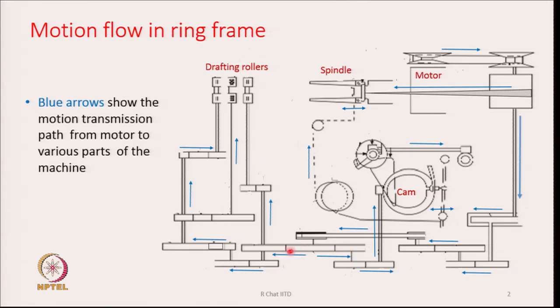On this side the motion goes to the drafting unit, which is here, and on the right hand side the motion is going to the cam, the building motion of the ring spinning machine, which we have already studied, and also through this set of pulleys it is going to the ring rail.